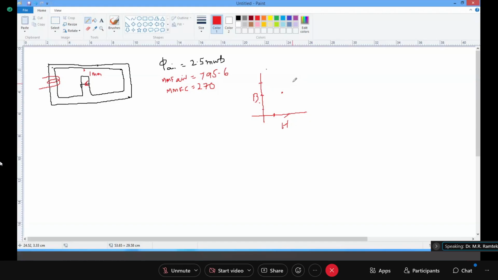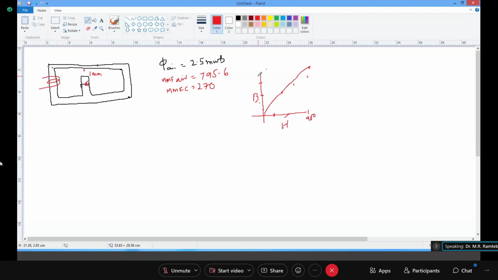So this is 300, 540, 640 somewhere here. And for 1 it is 900. So if I plot this, something like this, this is 1, and this is 1.